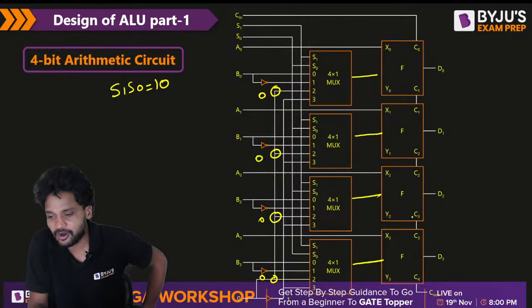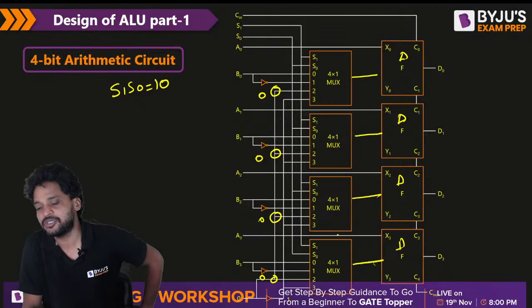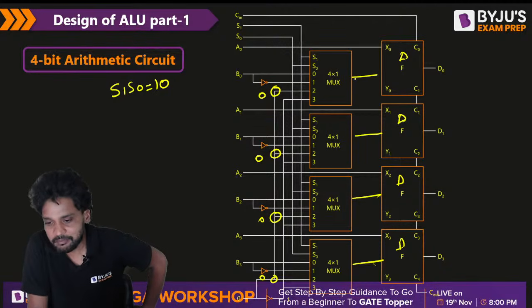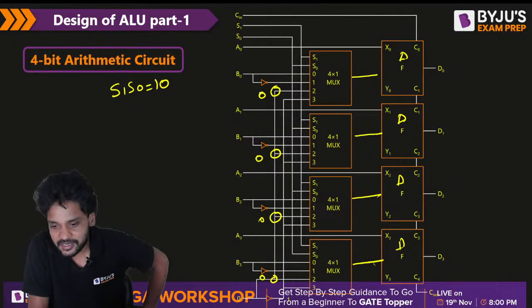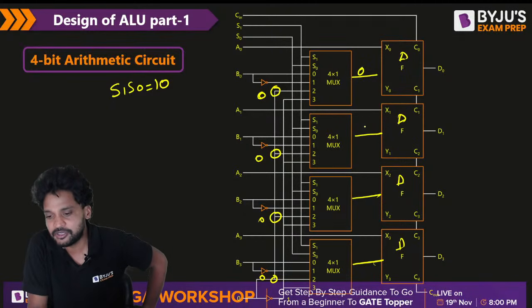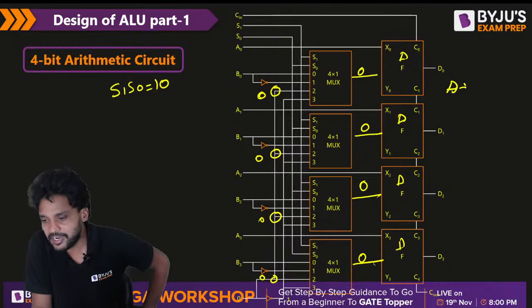So the full adder already got A, and the second input is coming from the multiplexer. The multiplexer enabled the third input. The third input is 0, right? So the 0 is bypassed and connected to the full adder. So the full adder is going to perform A plus 0.